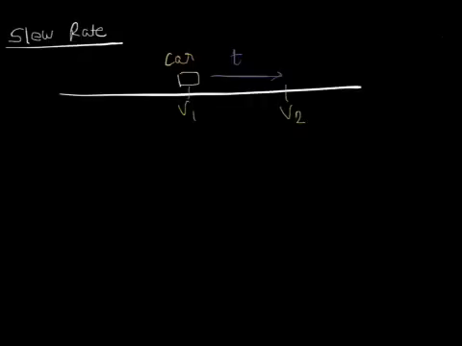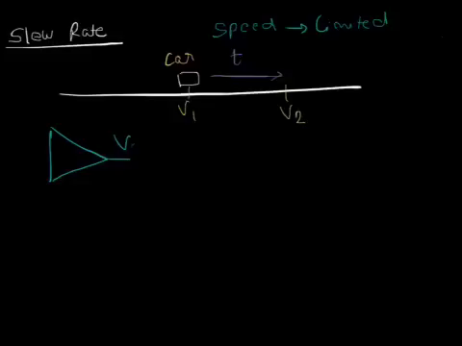But I think it's pretty obvious to understand that the speed of the car is limited. You cannot expect the car to move from point V1 to point V2 immediately. Similarly, when you're talking about the output of an op-amp, you cannot expect the output to move from a voltage V1 to another voltage V2 immediately.